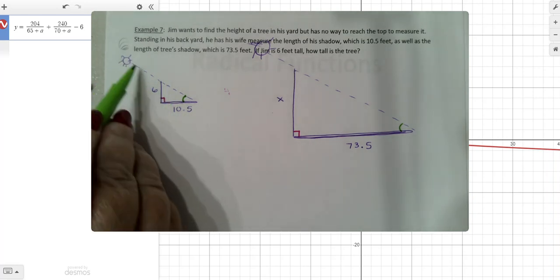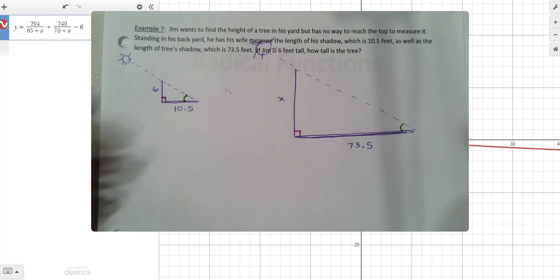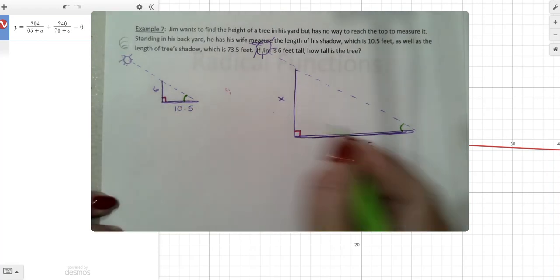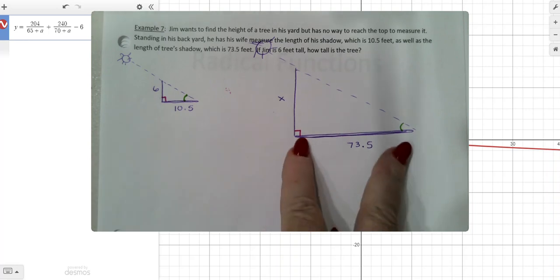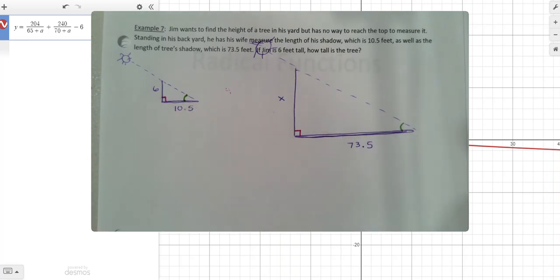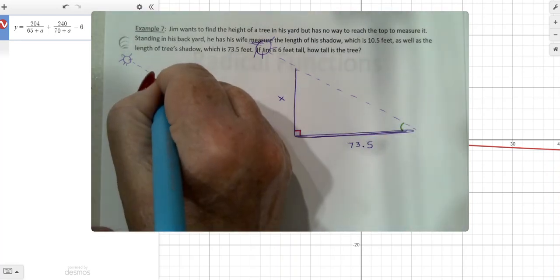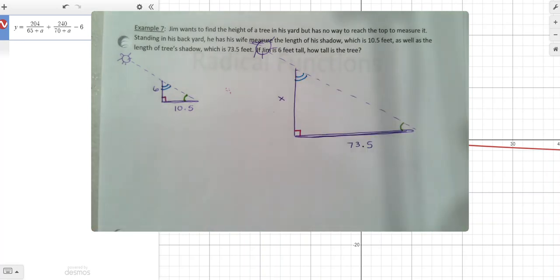That means the sun really hasn't moved in the sky. And so the sun is beaming down at the same angle. So I don't know what that angle is, but I do know that these are the same. If two of the three angles are the same, the third one really has to be the same to make sure both triangles add up to 180, right? So I'd get that third one for free. Those would have to be the same. So I think I do have similar triangles, I've convinced myself, and so I can go ahead and write that proportion.